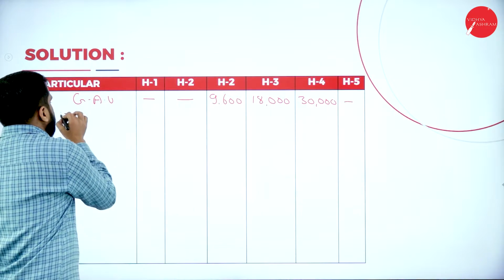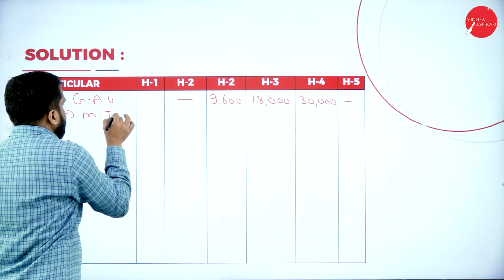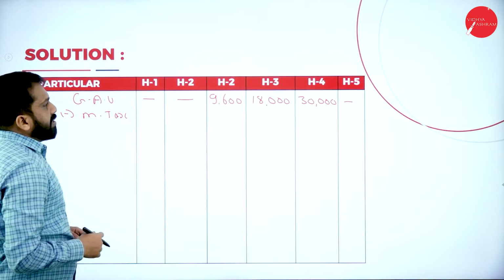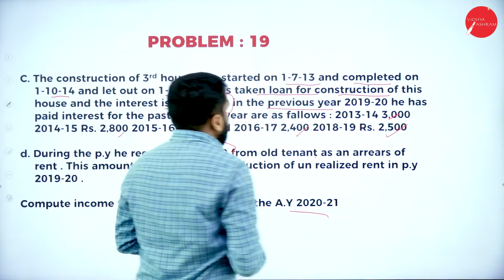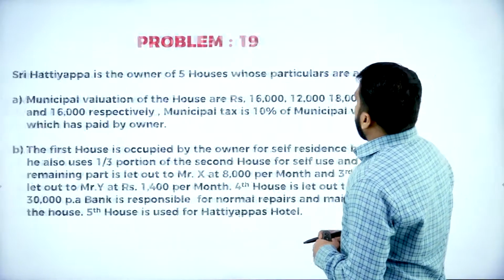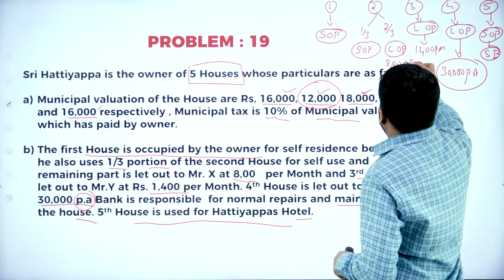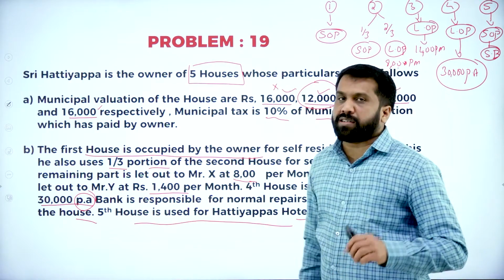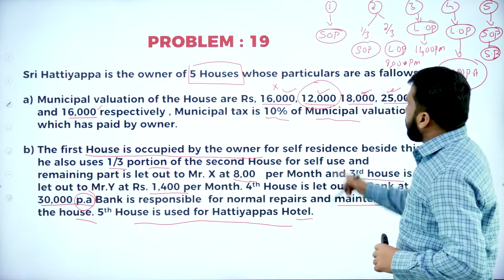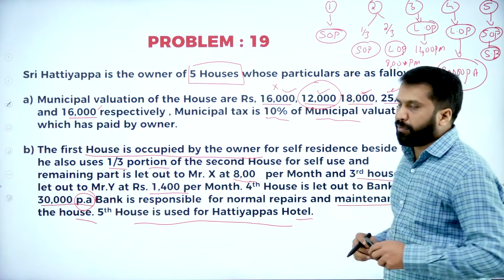Now, minus municipal tax. What is the municipal tax here? First house we are not taking because it is self-occupied. Second house it is 12,000. We'll consider.